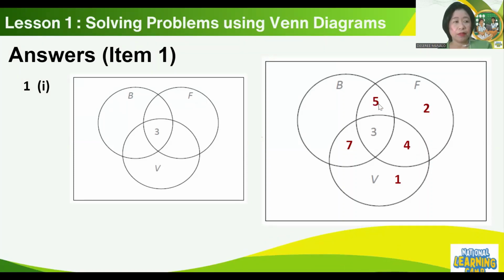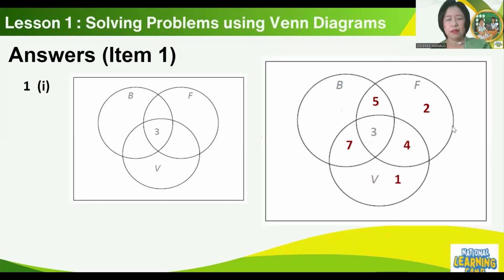There are 5 students playing basketball and football. And therefore, there are 14 students who play football. So let us have 5 plus 3 is 8 and plus 4 is 12. So therefore, there are 2 students playing football only.